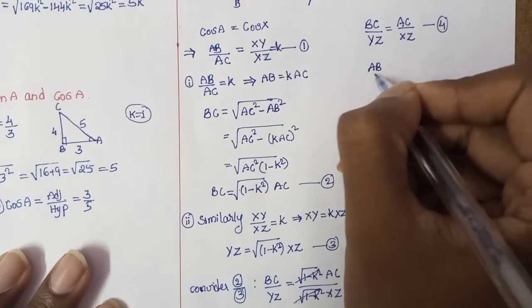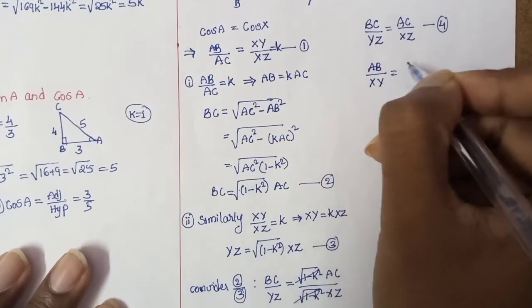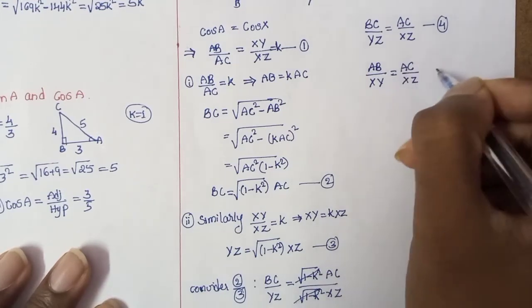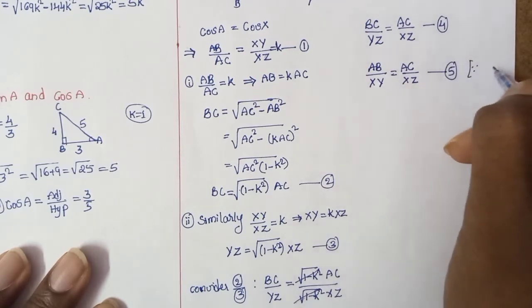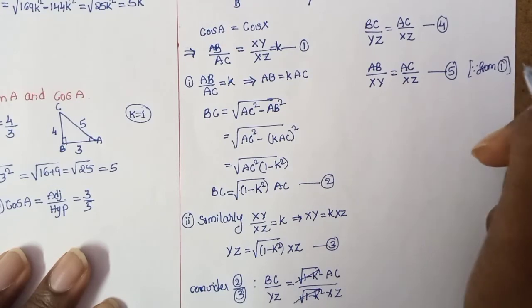AB by XY is equal to AC by XZ. This relation you get, this is 5, from equation 1.